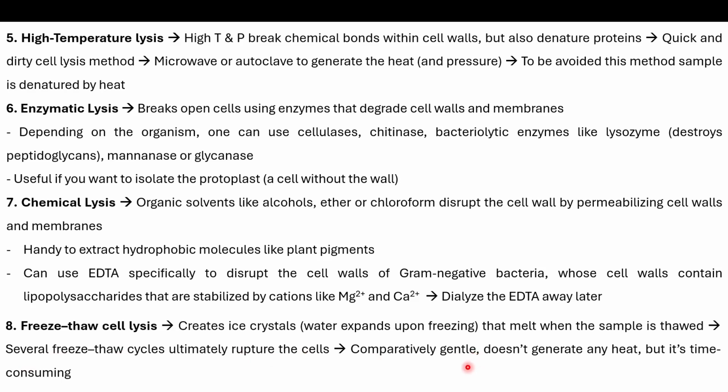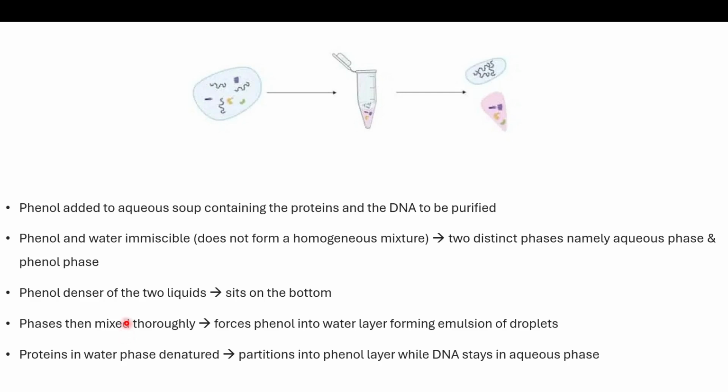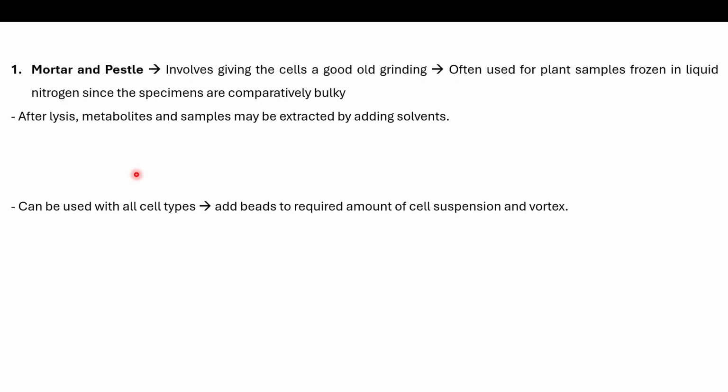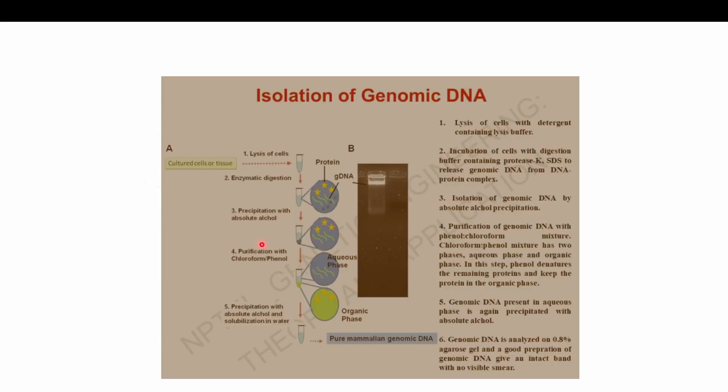This is comparatively gentle, and it doesn't generate any heat, however, it is a very time consuming step, and it will take a long time to break the cells open if we simply use freeze thaw cycles consecutively. Now we looked at phenol chloroform extraction, right here, this step, purification with chloroform phenol.